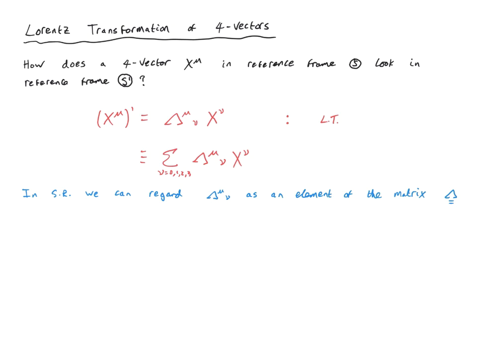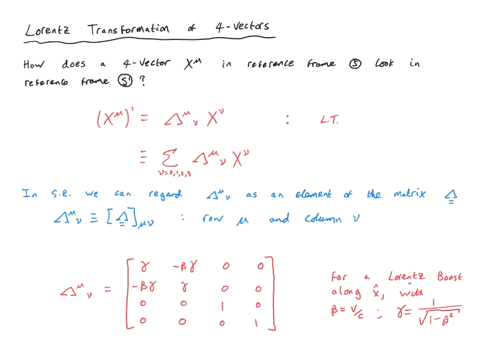We'll just regard this as an element of a matrix with a row mu and a column nu. And we can do this because the matrix lambda is a symmetric matrix, meaning that it doesn't really matter which one we regard as mu and which one we regard as nu. It can be either the rows or the columns.